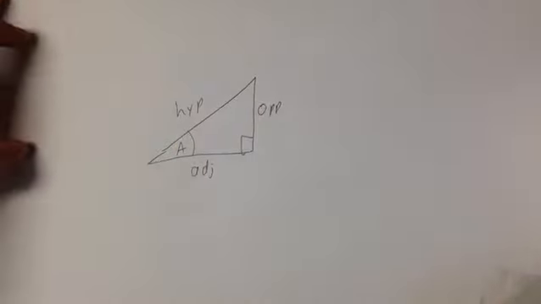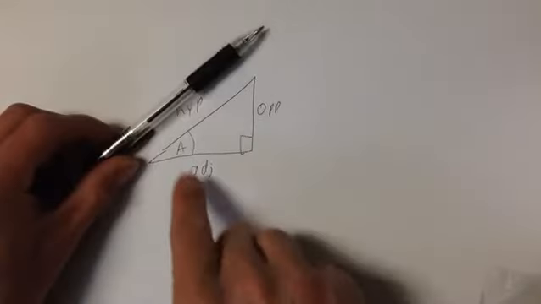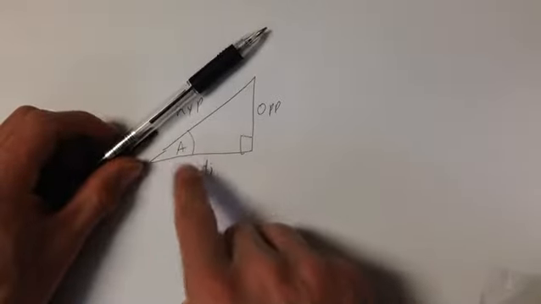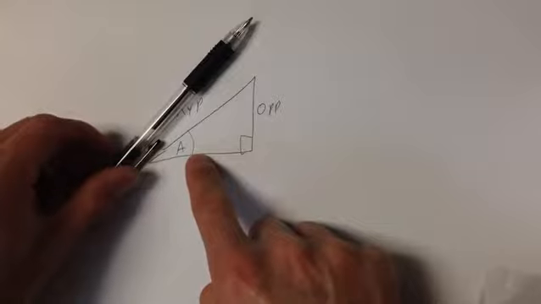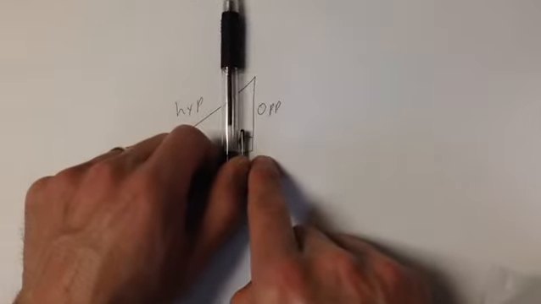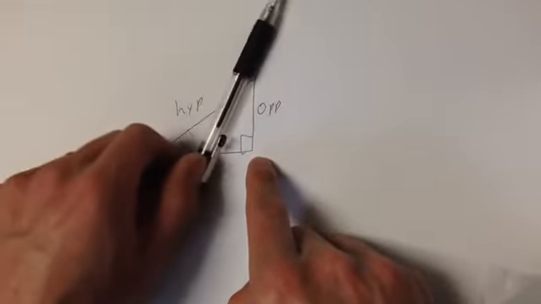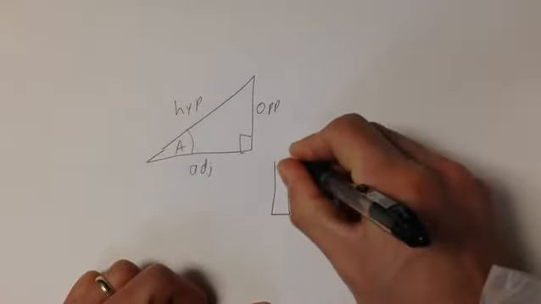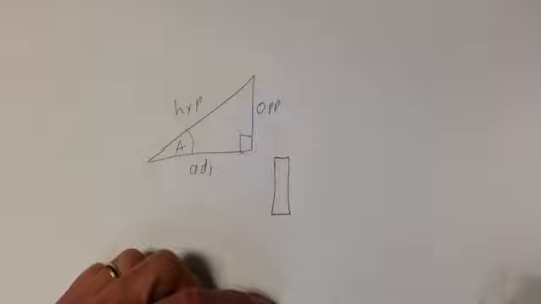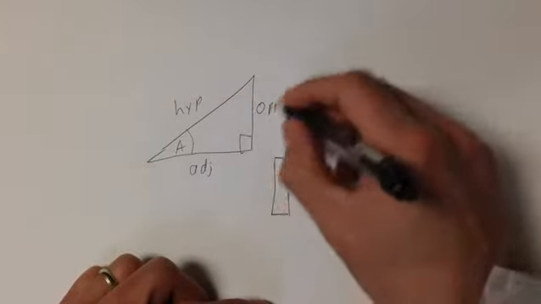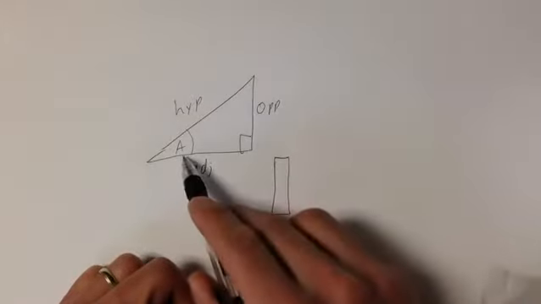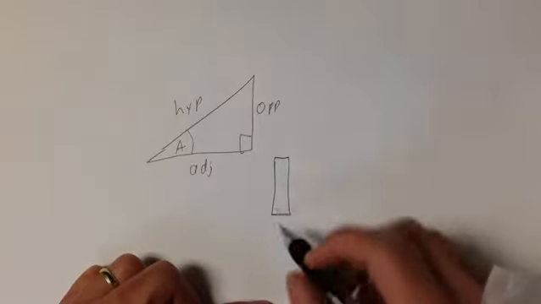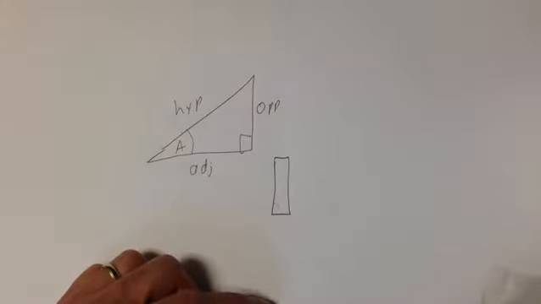The problem with this is the greatest value you could have for that angle is near 90 degrees. If you go beyond 90 degrees, or even reach it, that turns it from a triangle into a rectangle. So we cannot use this old definition to define trig ratios for angles equal to or greater than 90 degrees.